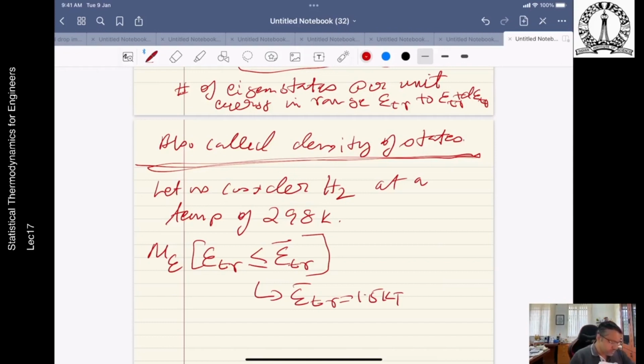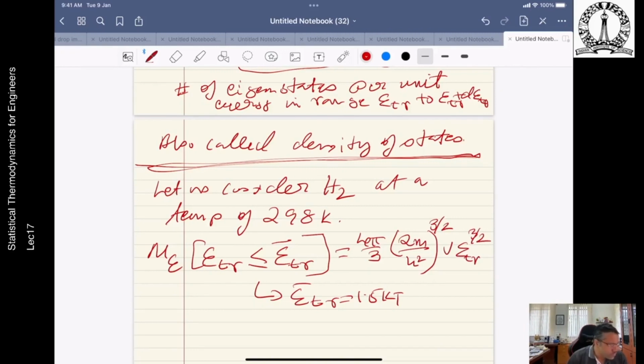Hydrogen. So if you calculate this number, this is now equal to 4 pi by 3 (2m by h squared) to the 3 by 2 (ETR) to the 3 by 2.